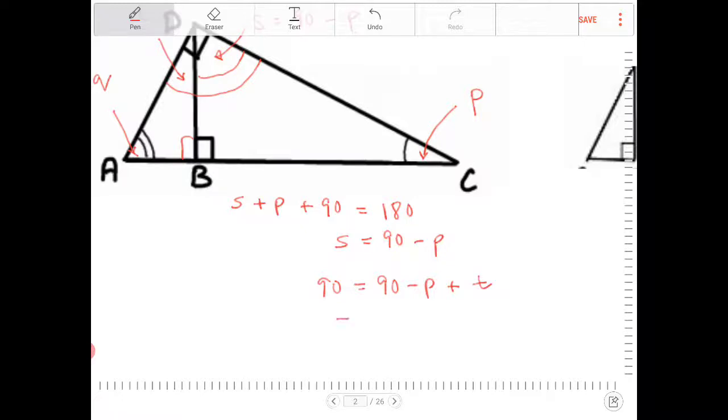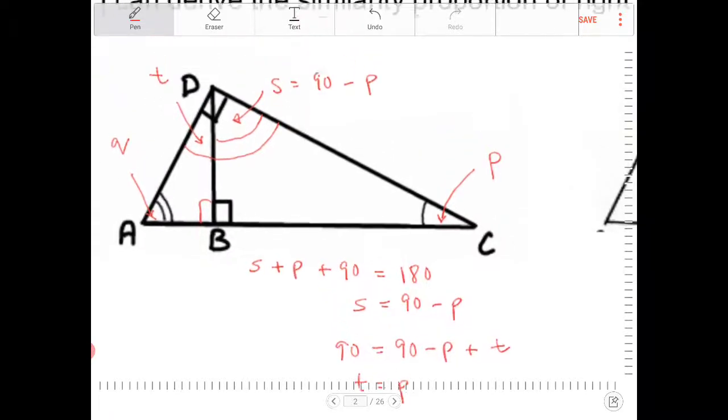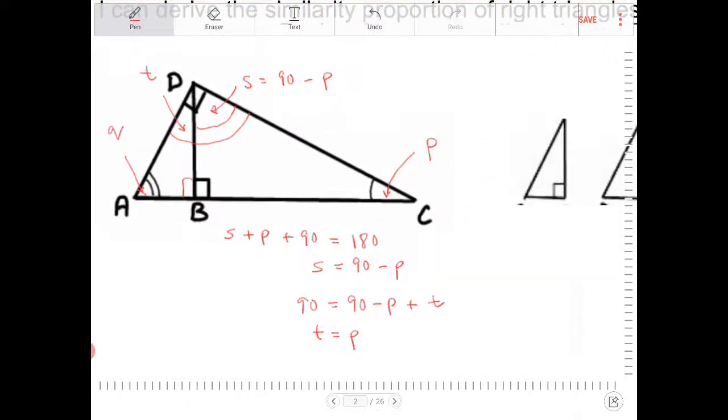T will therefore equal P. Do you see that? T is actually equal to P. So this angle here is actually equal to P.